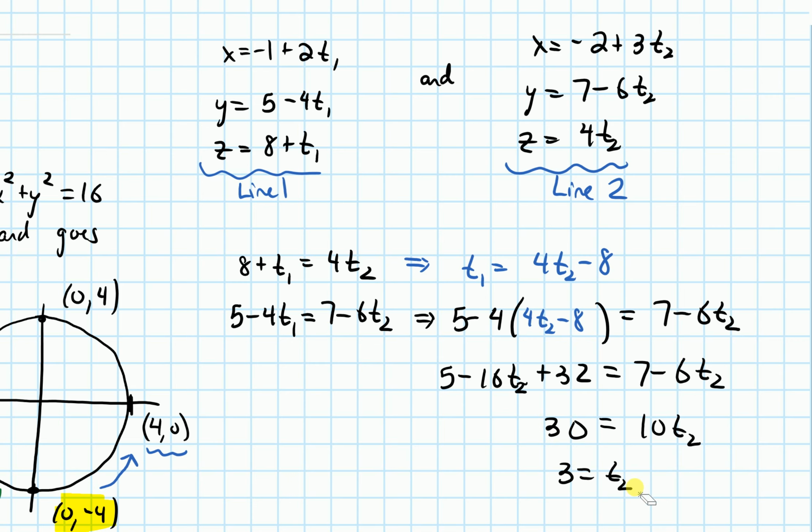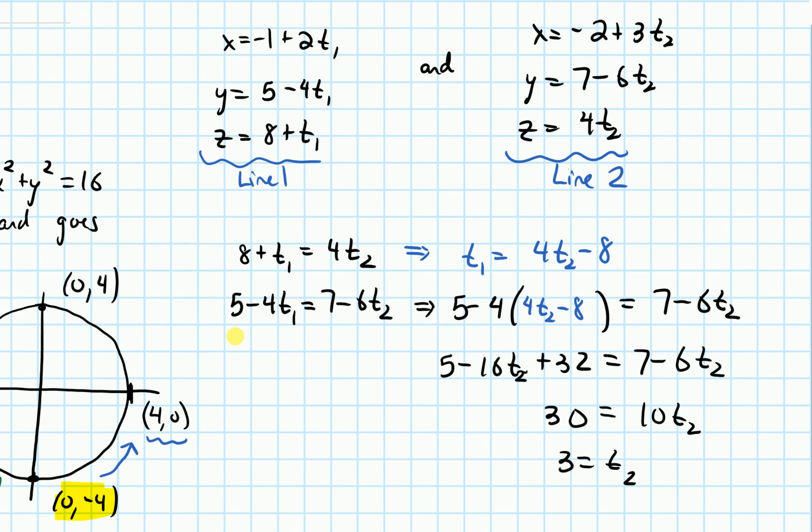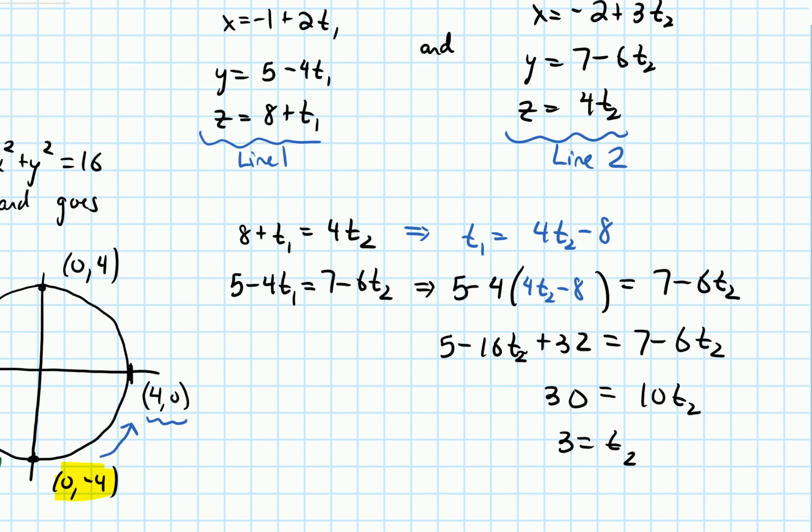All right, so we know what t2 is. That's the time that the second particle, the particle in the second line, should reach that intersection point. At this point, I could plug that time into the second line equation and get the intersection point. But let's be really thorough.